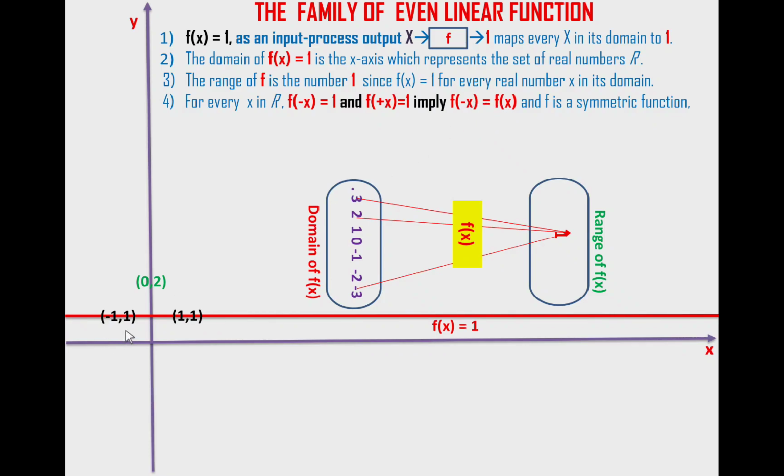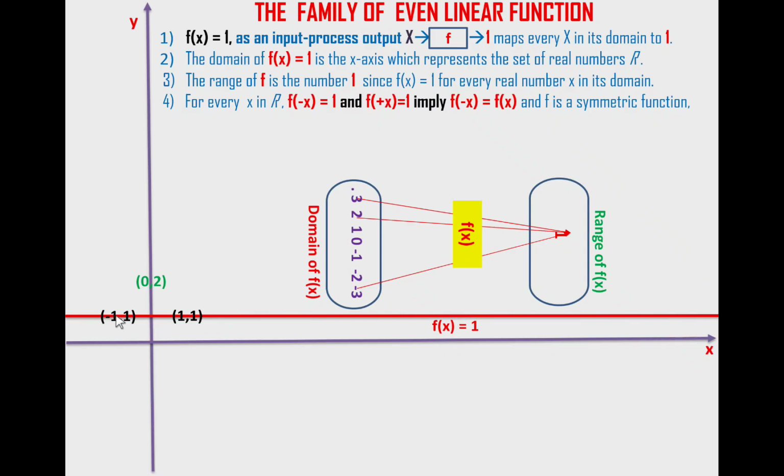And we know that f of minus 1 is equal to 1, and f of 1 is equal to 1. Then we can conclude that f of minus 1 equal to f of 1.